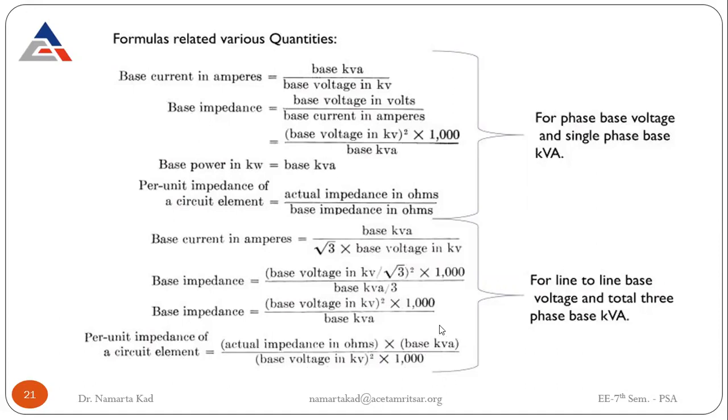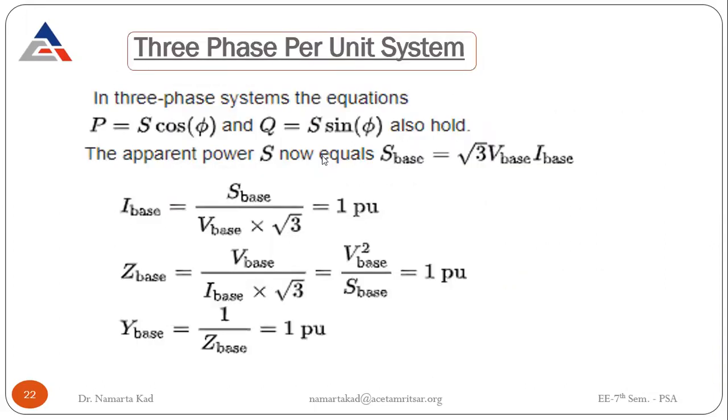So these are some of the formulas to calculate the base and per unit values for voltage, current, power, etc. Now the three phase per unit system. In a three phase system, we know that P is the active power, Q is the reactive power, and S is the apparent power.